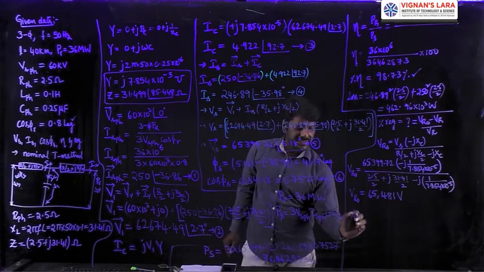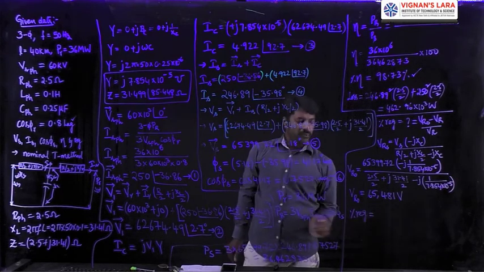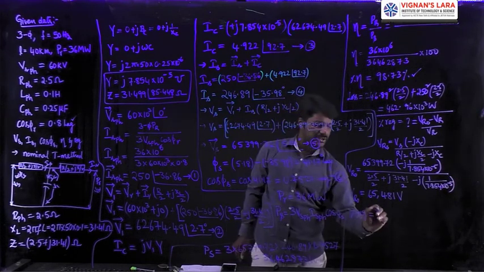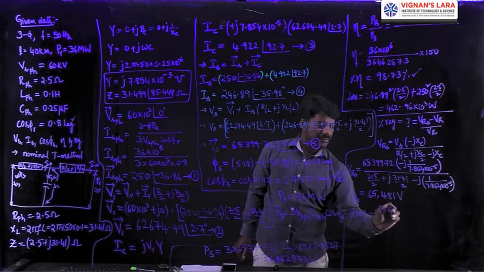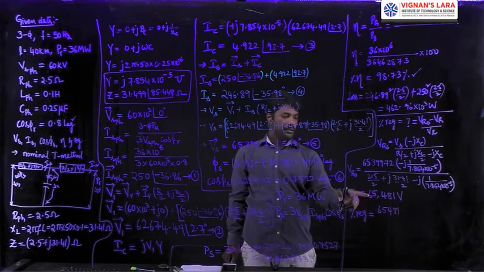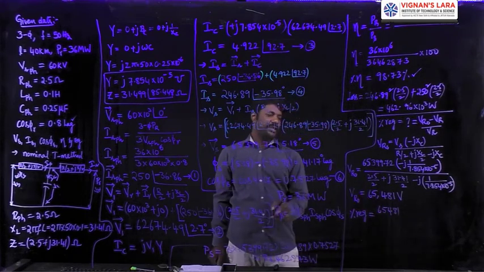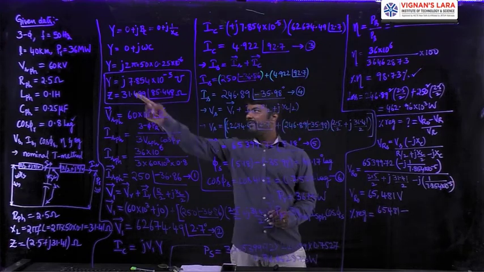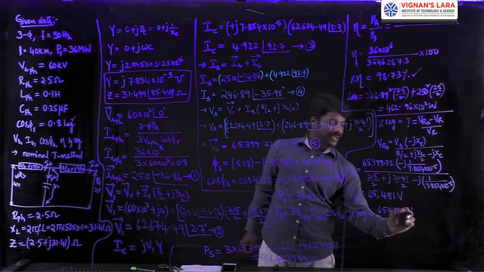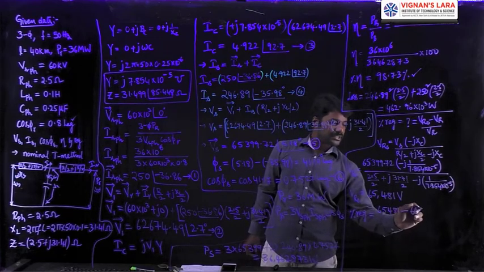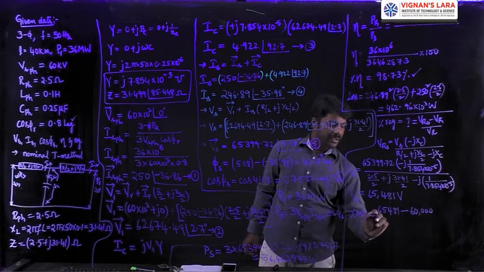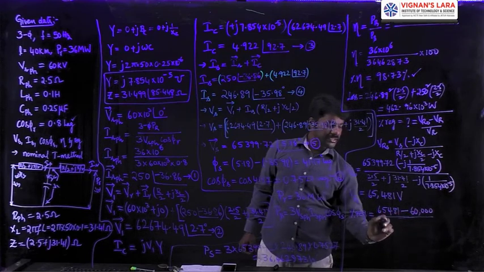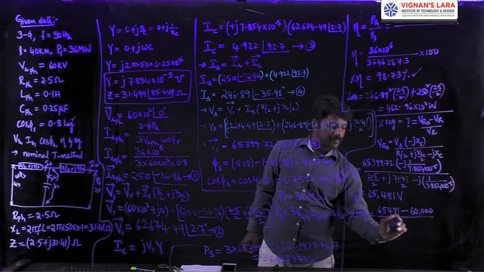Thereby percentage regulation is equal to VR naught, 65,481, this is the per phase value, minus VR per phase, 60 kV, 60,000, divided by full load voltage 60,000.